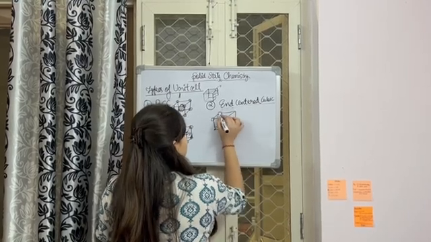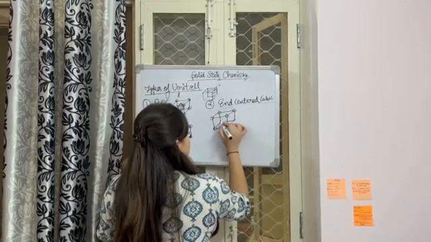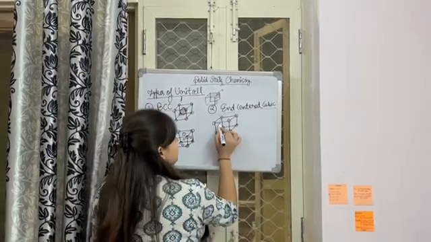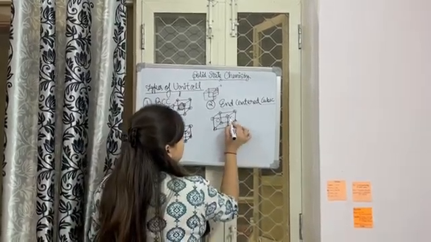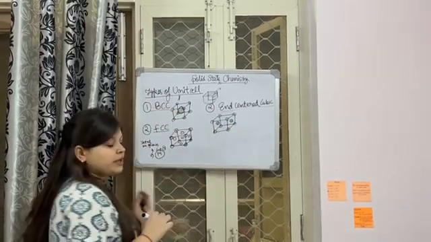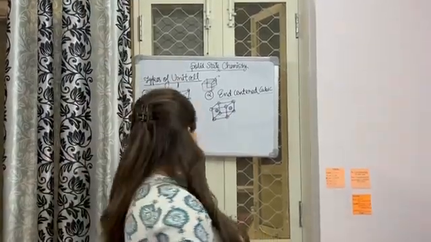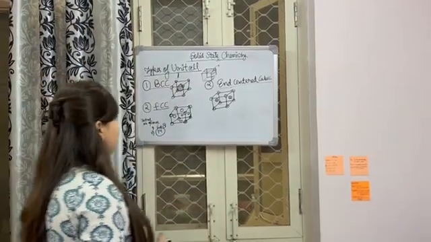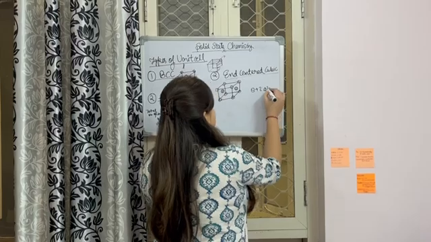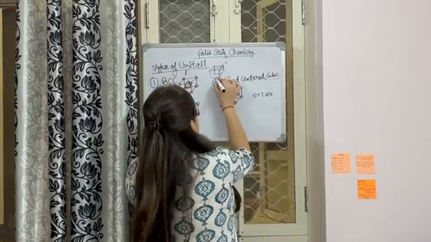All the lattice points as well as 2 of the opposite faces. Okay. So if I ask how many ions will be there, here 8 plus 2, that is 10. This one was the third.